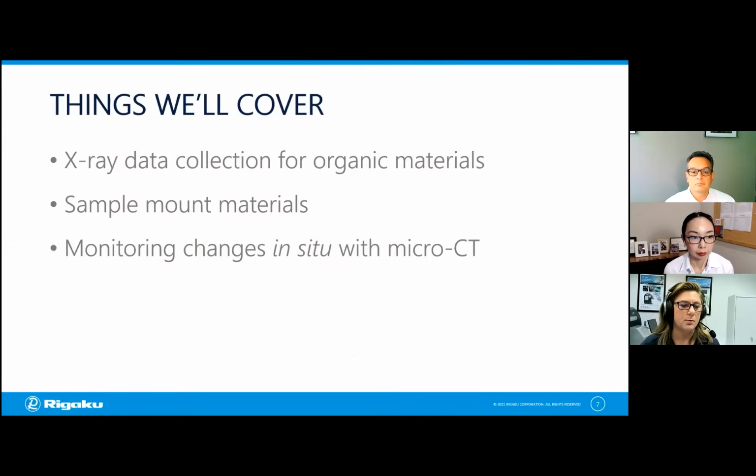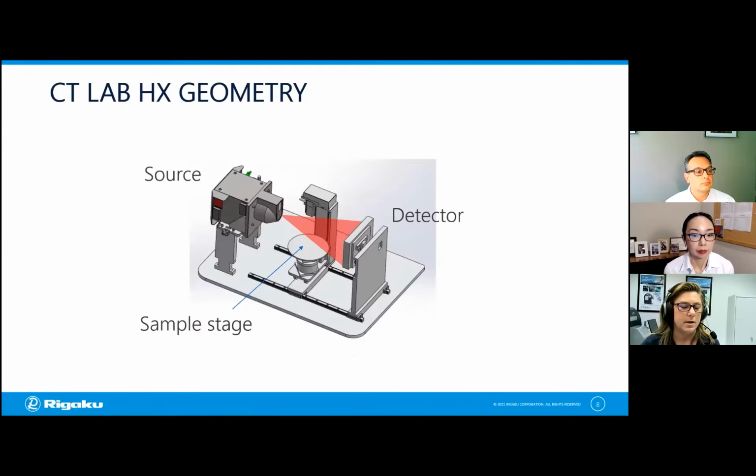Before we get started, I just want to recap the system that we'll be using. In a moment, you'll see the actual system, but this shows you a bit of what's going on inside. Upstream, you have the X-ray source. It produces a cone-shaped beam, and downstream of that, there's a sample stage, and this rotates during the data collection.